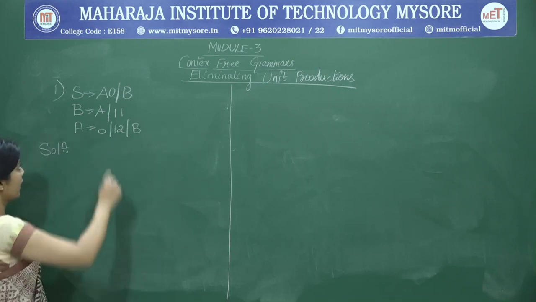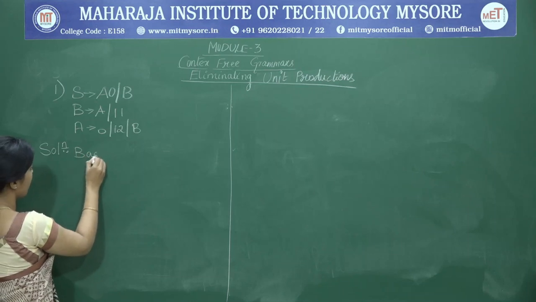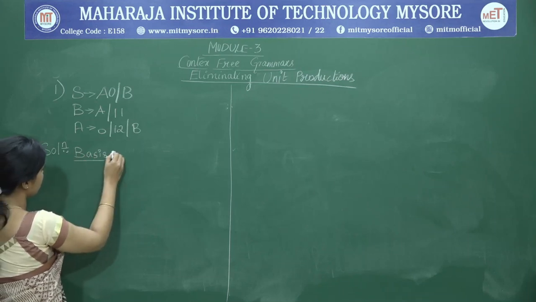So first we have 3 different productions and we are going to do the basis step of identifying the unit pairs.